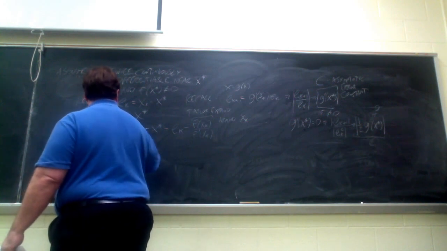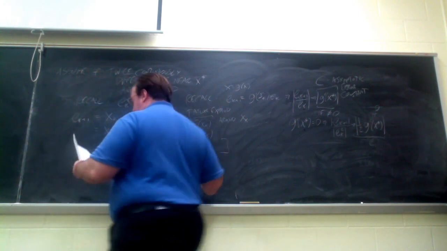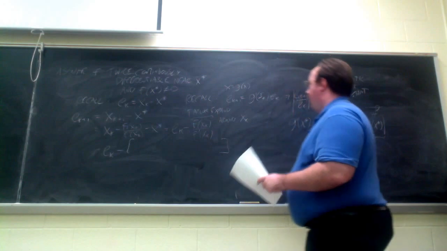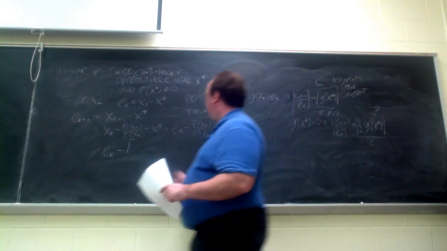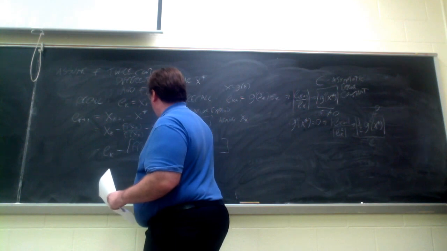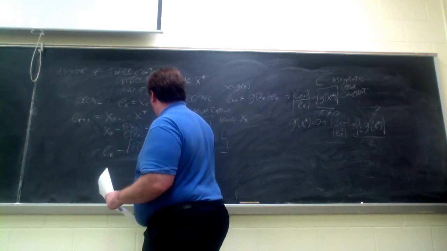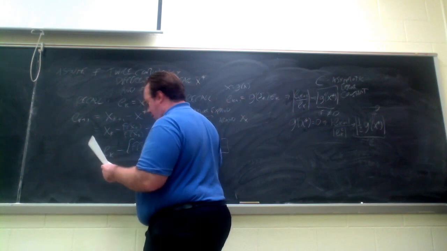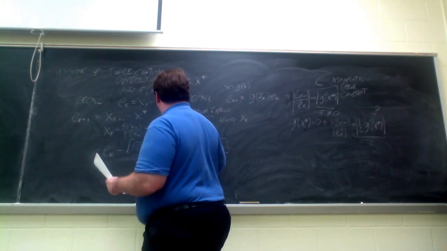So when I do that, what I get is f of x_k is equal to f of x star minus f prime of x_k times (x star minus x_k).